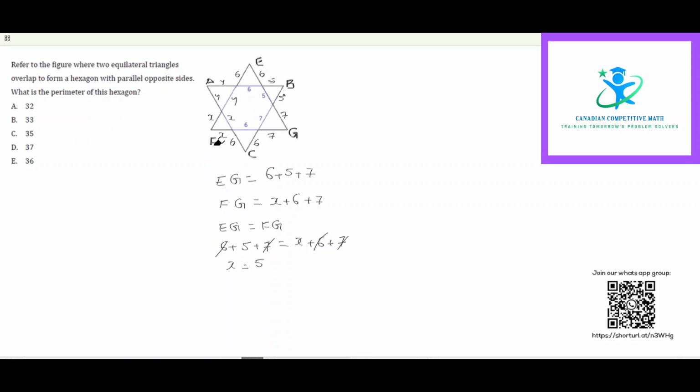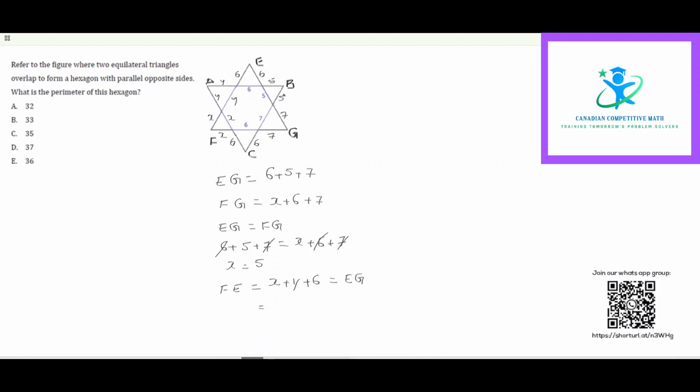So apply the same logic here. X plus Y plus 6. This side, FE, equals X plus Y plus 6, which will be equal to EG.